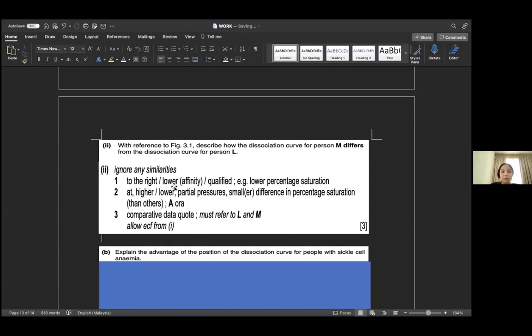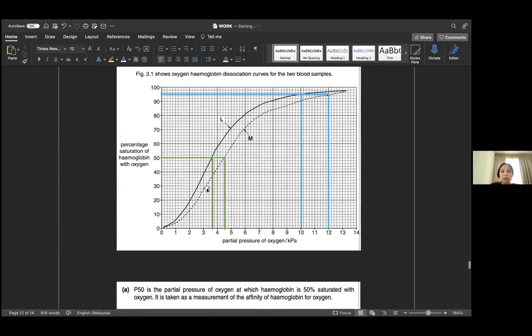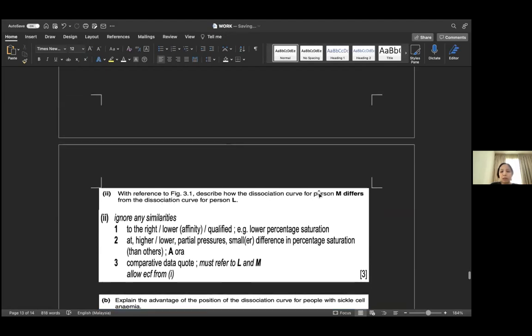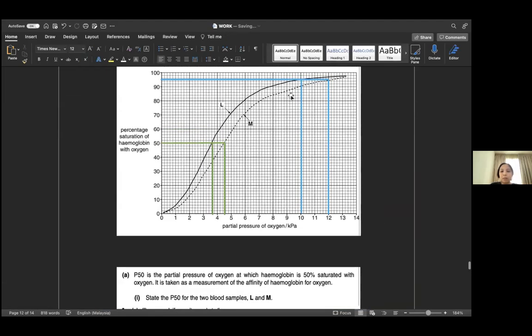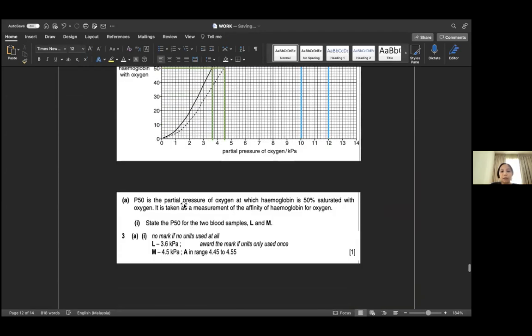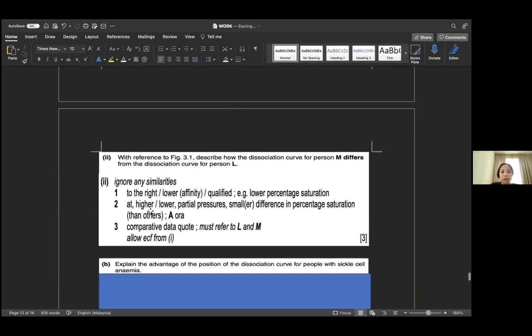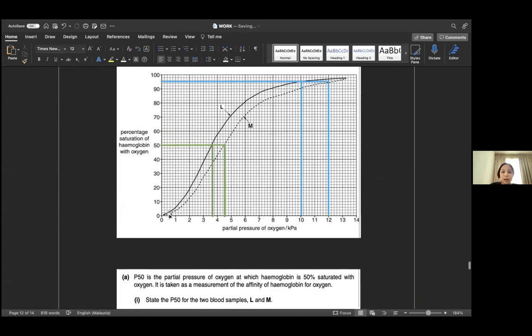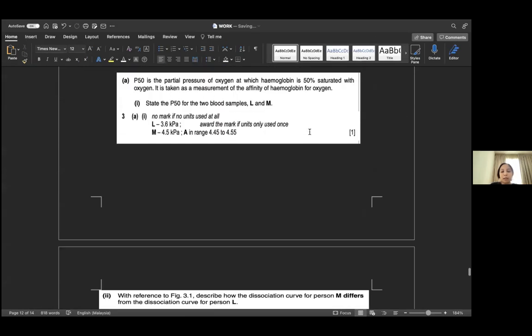To the right: the dissociation curve for person M is more towards the right, so it has lower affinity for oxygen. At lower or higher partial pressures, there's a smaller difference in percentage saturation. As you can see at the start and the end, there's a small difference between the two curves. So that's what they mean.